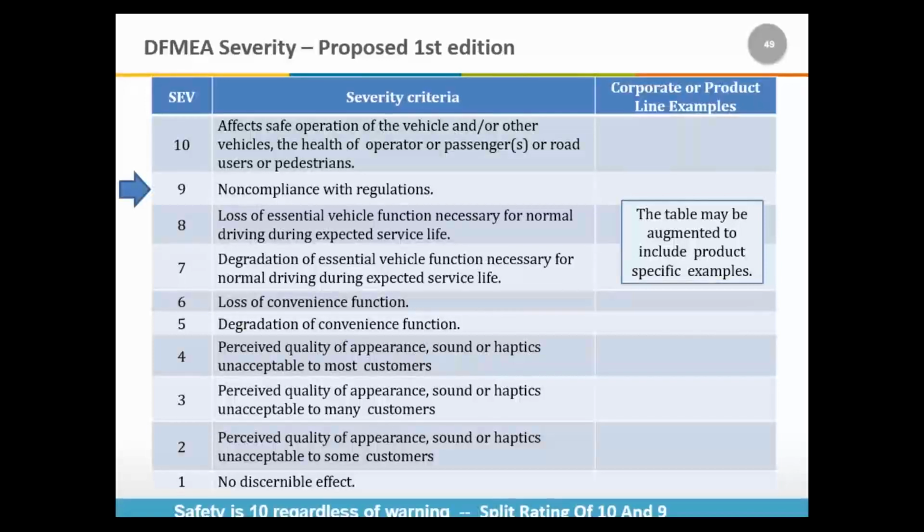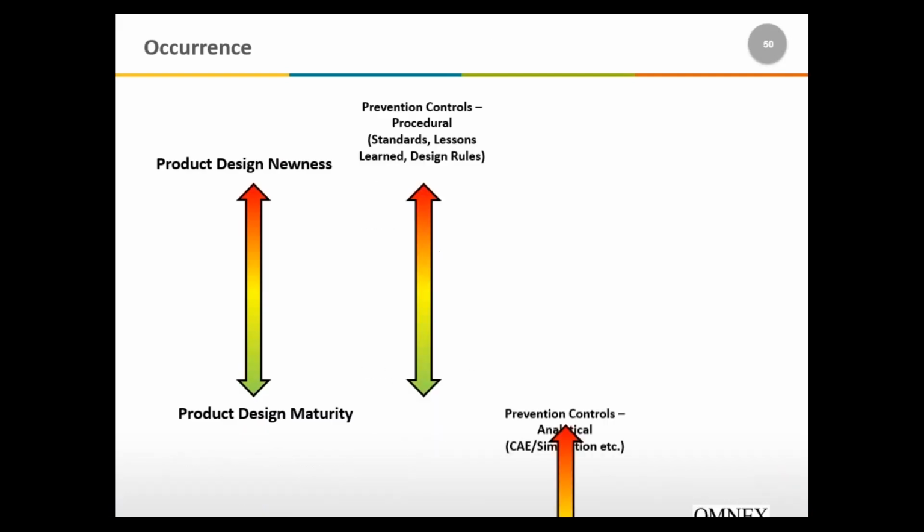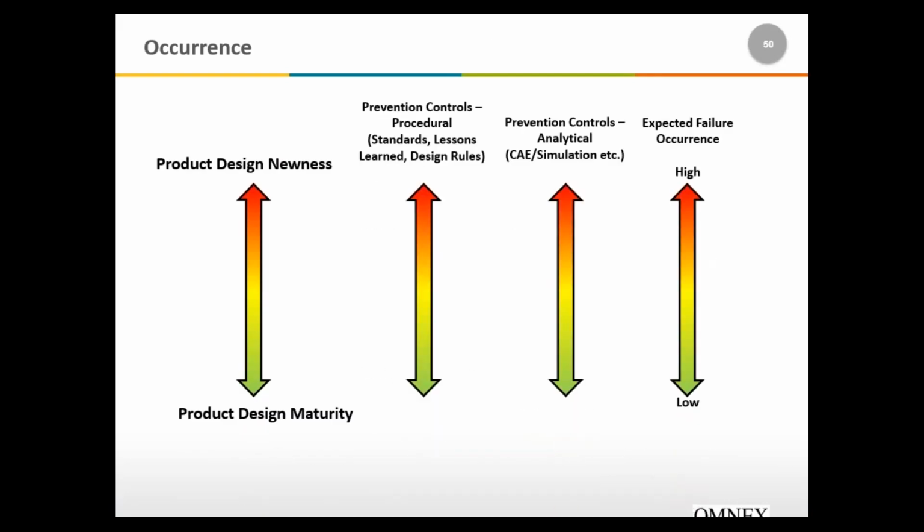All right, Occurrence. The fourth edition made a big change in coming up with Occurrence, essentially using the first column, the product design units versus maturity, to do it. The use of the fourth edition was always assuming that you were applying the preventive controls. Well, the new edition will have two additional columns on that, or really three additional columns.